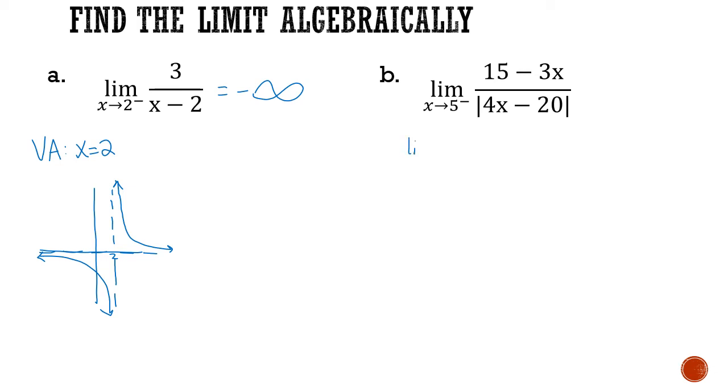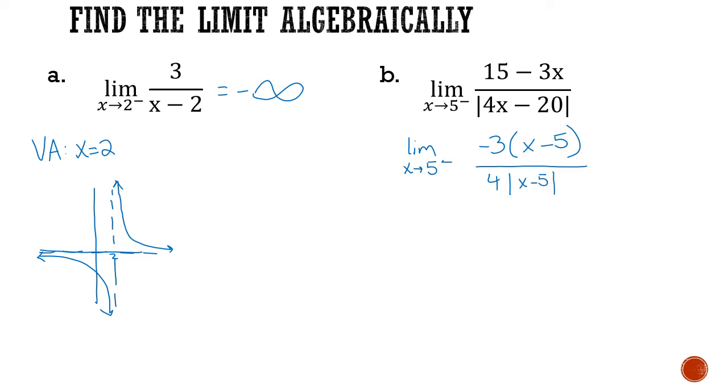Since I'm just simplifying this limit, I've got to keep writing the limit as x approaches 5 from the left. I'm going to factor out a negative 3 from the numerator. And I'm going to also rearrange those terms. So that leaves me with x minus 5. And then in the denominator, I'm going to factor out a 4. And I still have my absolute value of x minus 5 right now.